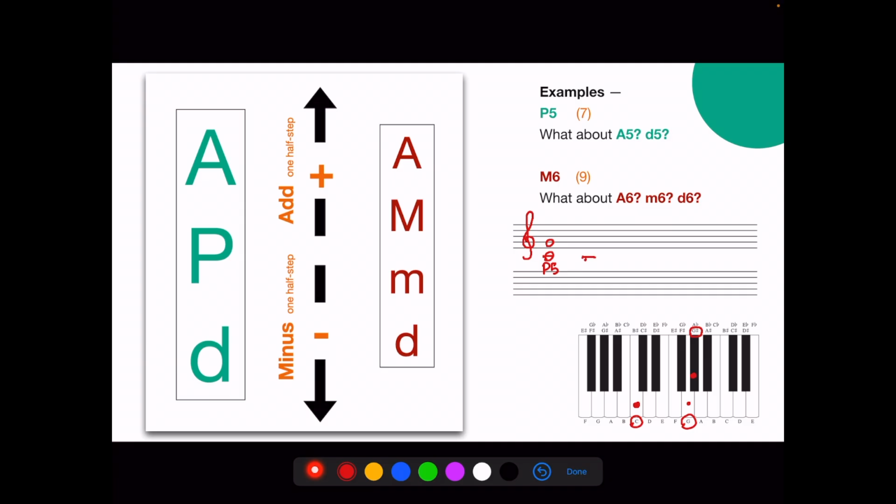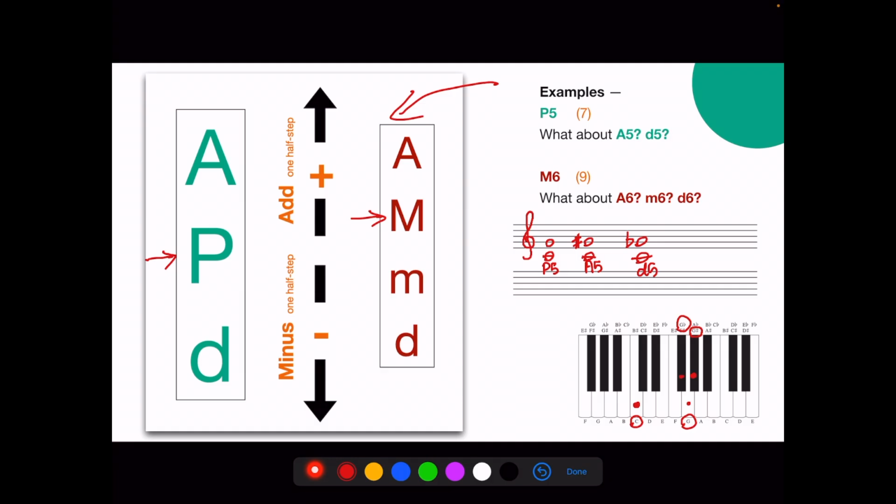So from C to G sharp, this will be called augmented fifth. And likewise, from a perfect fifth, if we reduce the interval by 1 half step, which would now become G flat, this will be called a diminished fifth. So on the left side, what you see here is basically this sliding scale. We always start from perfect and then major, because this is what we memorize, right?